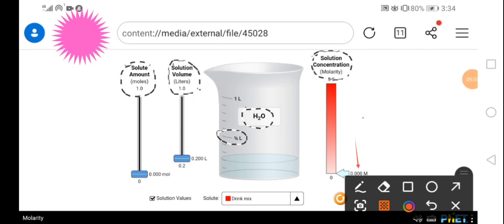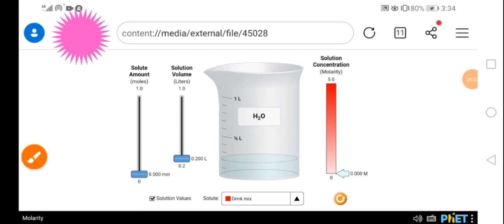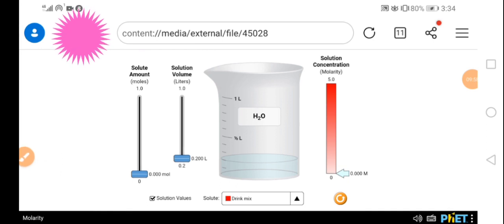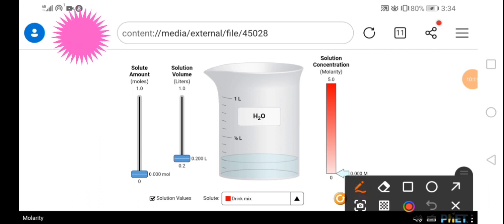So this is what I'm trying to do. Now, in the solute, the amount of water I'm having there is 0.2 liters, as you can see it here. I want to be specific. Yes, 0.2 liters. Now I'll add some more amount.